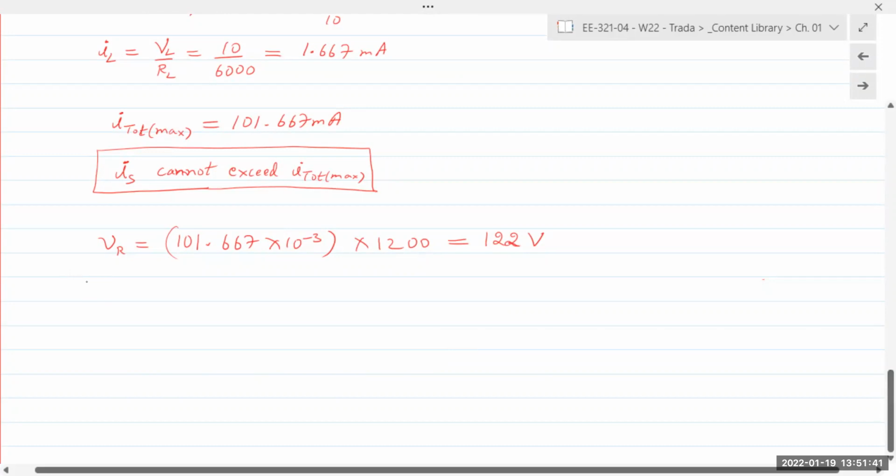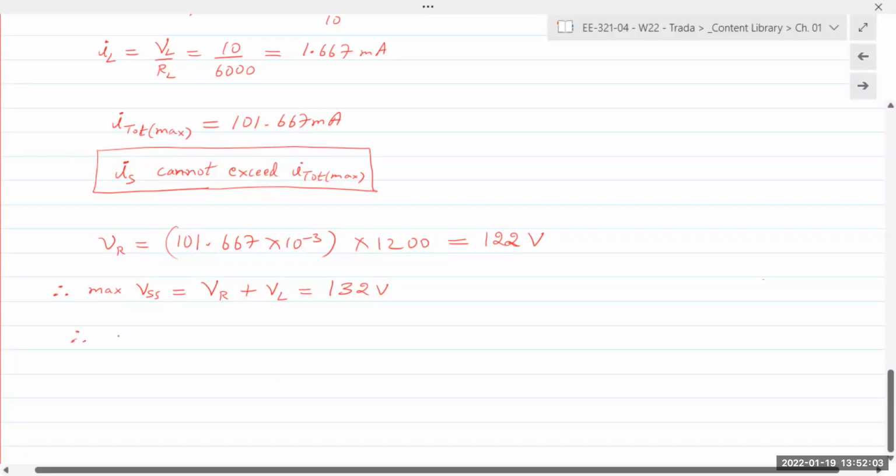And so the maximum supply voltage would be VR plus VZ, or VL actually, simply 132 volts.